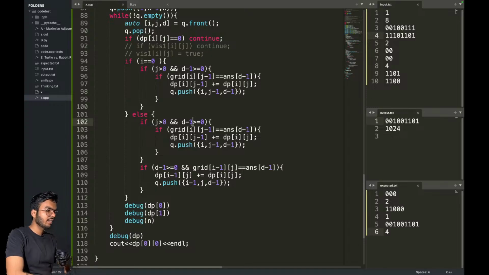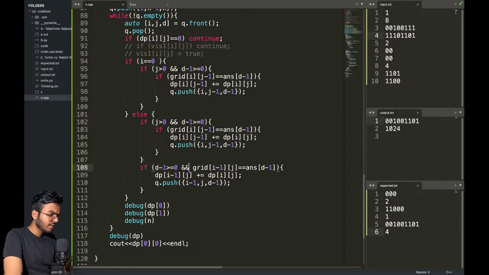If j is greater than 0, then I should definitely try it. Obviously. And d minus 1 is greater than 0, if answer of grid i comma j minus 1. There is one more thing that I should check.